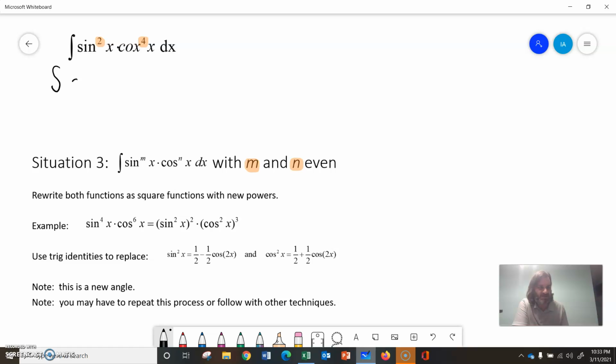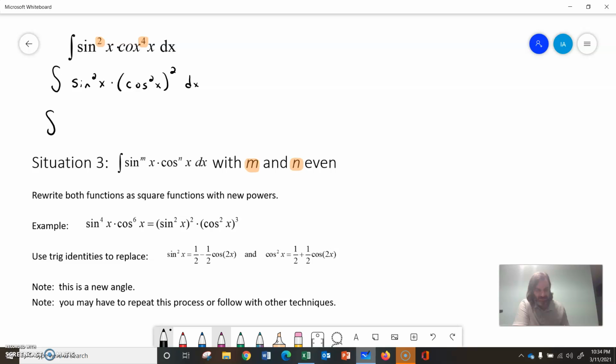But we'll rewrite it. Sine squared is already squared, but we're going to write this other one as cosine squared, squared. Okay, and in that we can do some replacing.